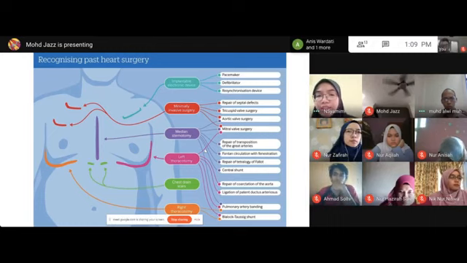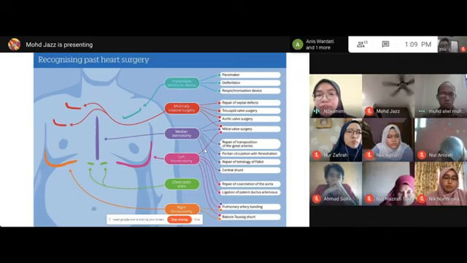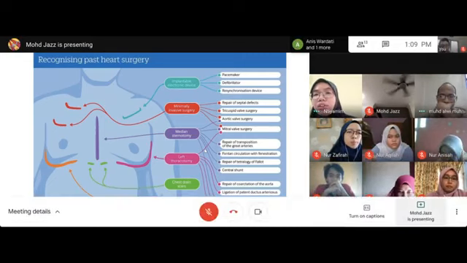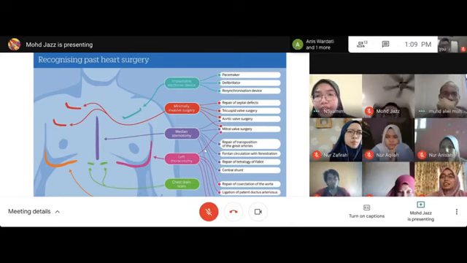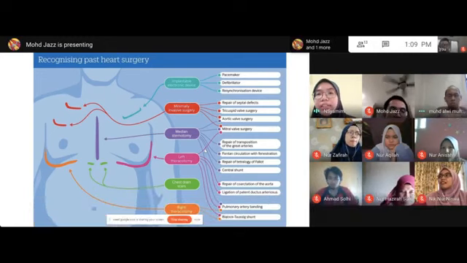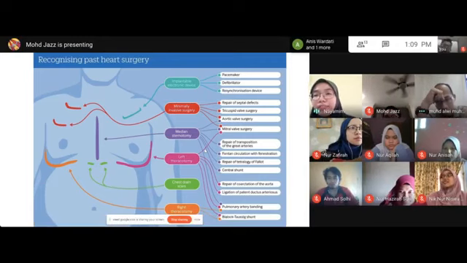And there is also a chest drain scar located at the lower part of the sternum, which is required for pleural effusion, empyema, and also pneumothorax. Besides, there is also a minimally invasive surgery scar at the right upper side of the thorax, which is indicated in case of repair of septal defects, tricuspid valve surgery, aortic valve surgery, or mitral valve surgery.